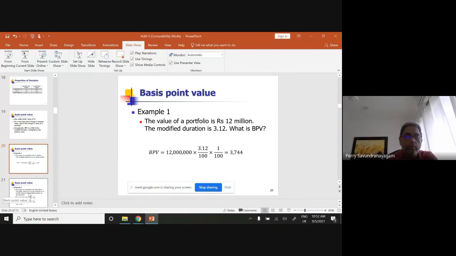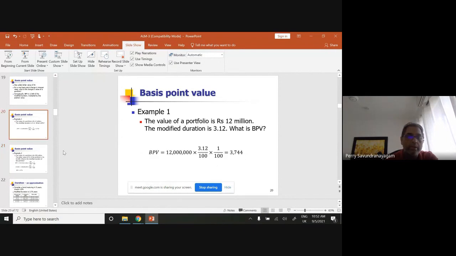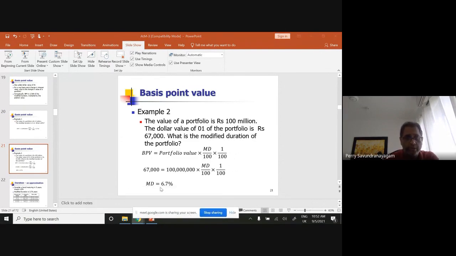So let's go more into detail. So value of the portfolio is 100 million. The dollar value one of the portfolio is 67,000. So this number, DV1, is 67,000. So you reverse it basically. You have the DV1 in this, and you're trying to figure out what the modified duration is, 6.67 for 100.